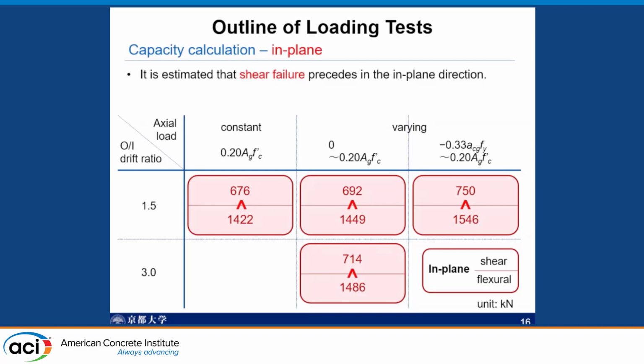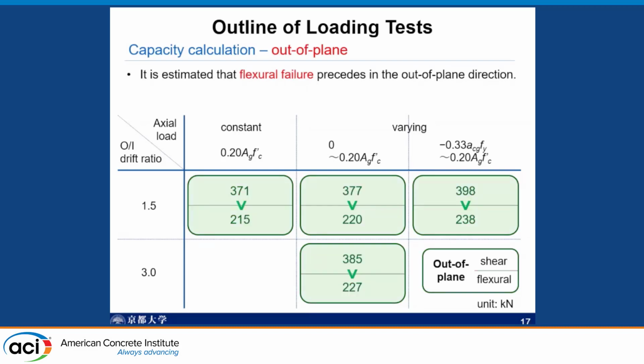The shear strength is smaller than the fracture strength, so these walls were expected to fail in shear, right? And this is the out-of-plane direction, where the shear strength is larger than the fracture strength. So in this direction, the columns were expected to fail in fracture.